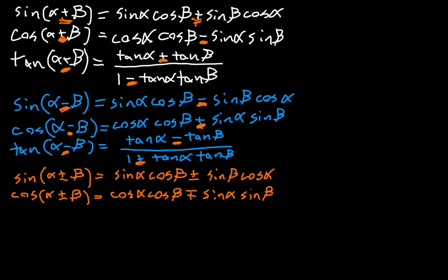So now, when we have two angles added and this is a plus sign over here, we read from the top down on the other one, so this one is going to be minus. And that seems to work in our above formulas, right? When cosine is plus, we have a minus sign over here, and when it's minus, we have a plus sign. It's the opposite. So that's what this notation means.